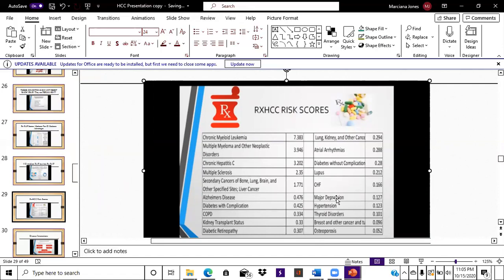Major depression is going to be F32.9. Congestive heart failure is I50.9. Diabetes without complications is going to be E11.9. COPD, J44.9. I think kidney transplant status may be Z94.1. So I do remember some.